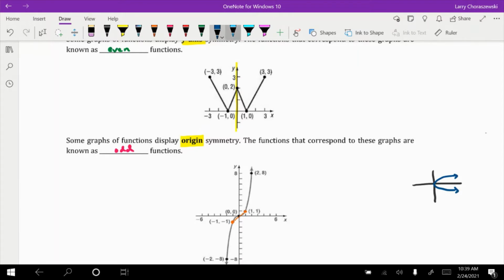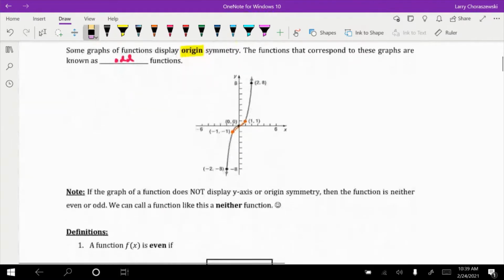No, it's not a function. It does not pass the vertical line test. And that's why we don't look at graphs with x-axis symmetry. In most cases, they do not represent the graph of a function. So we leave those off, and we just worry about those graphs that have y-axis symmetry and origin symmetry.